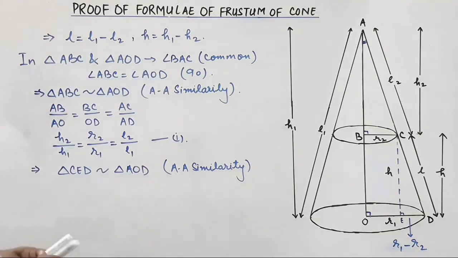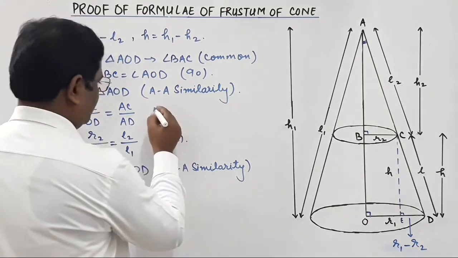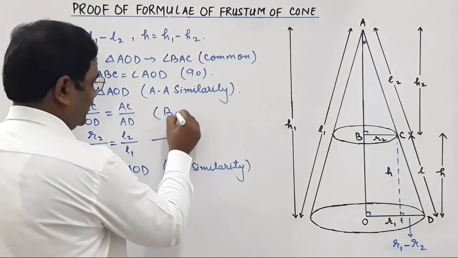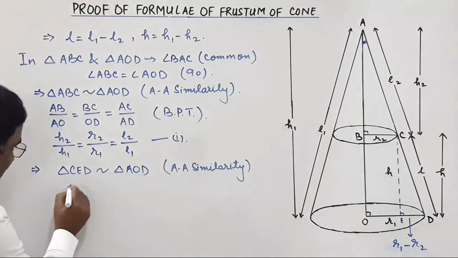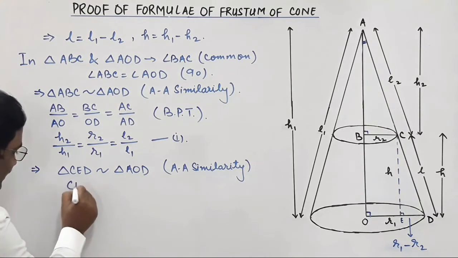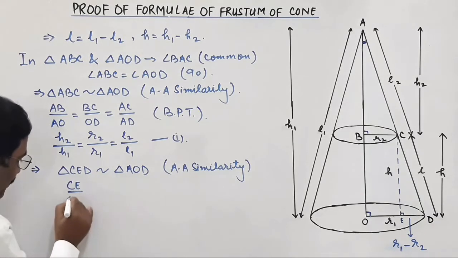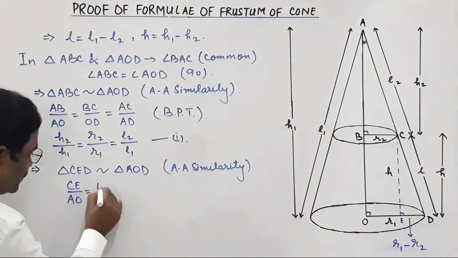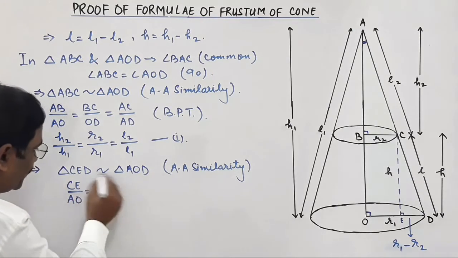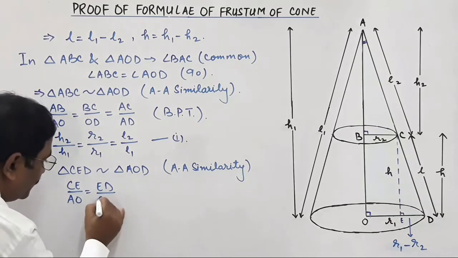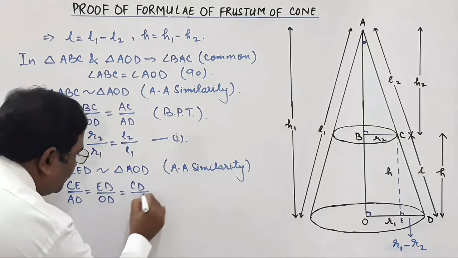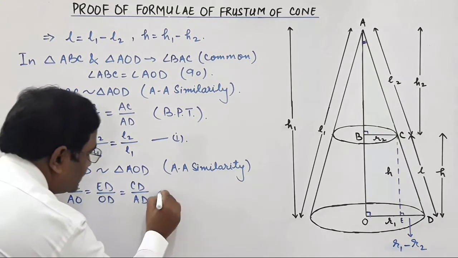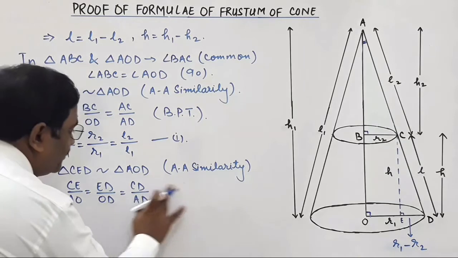Okay, so as the two triangles are similar, by basic proportionality theorem, you can write CE upon AO is equal to ED upon OD equals CD upon AD. Say this is by BPT.